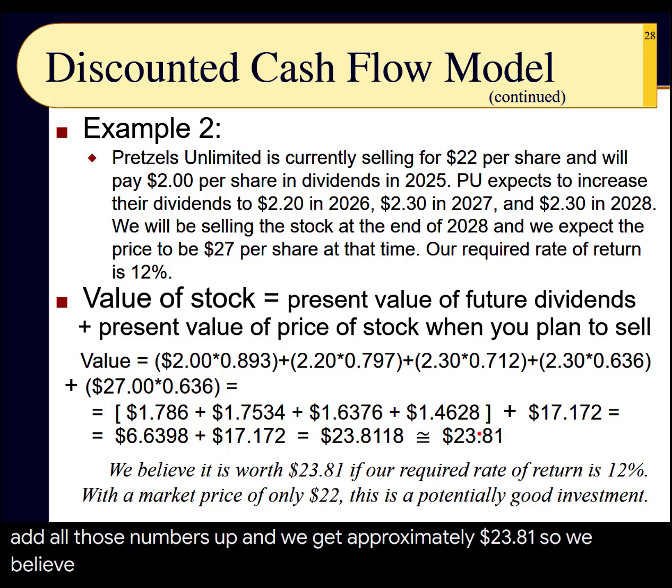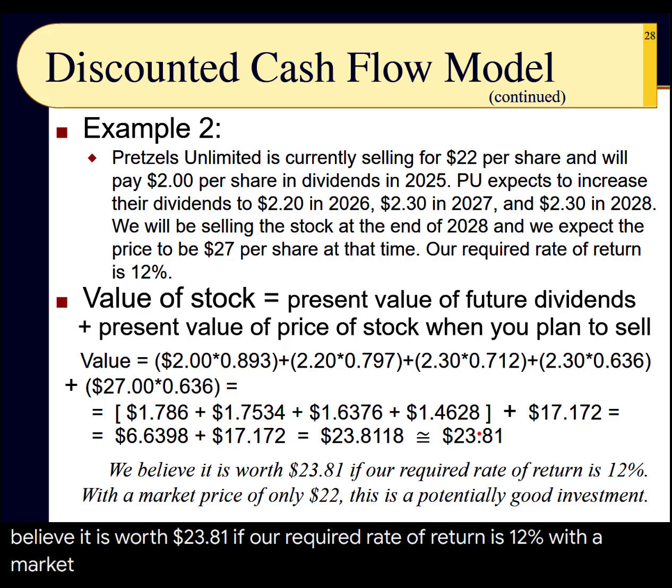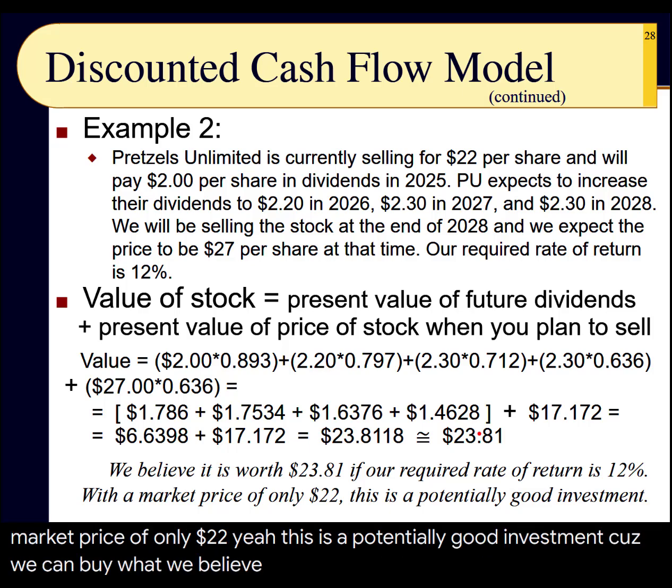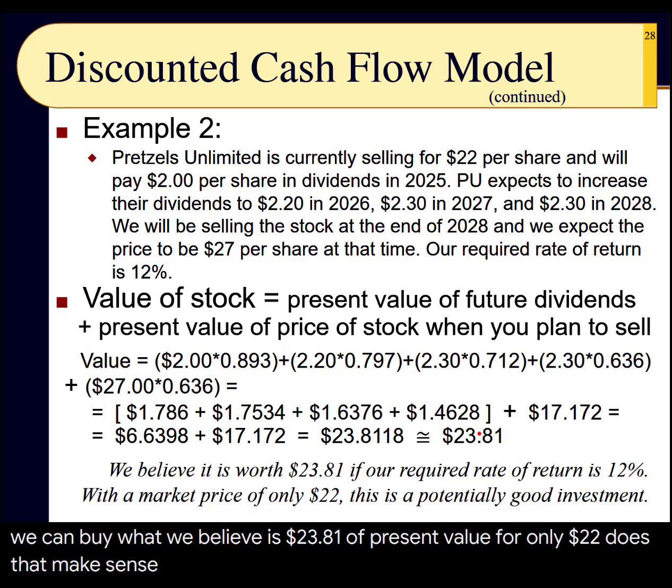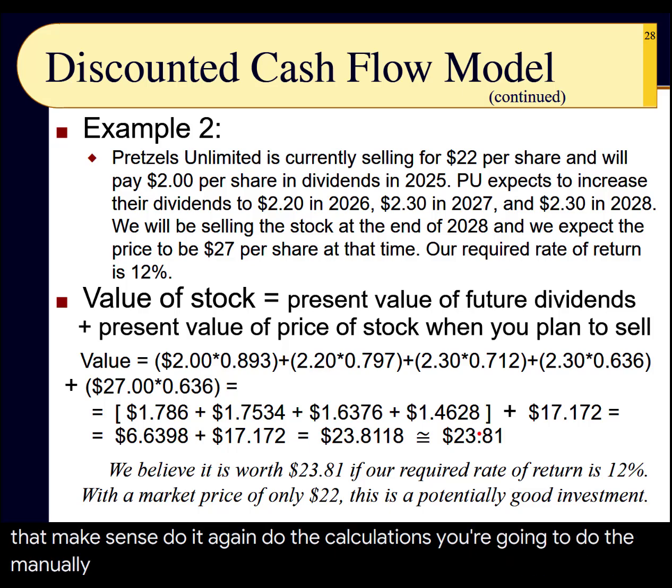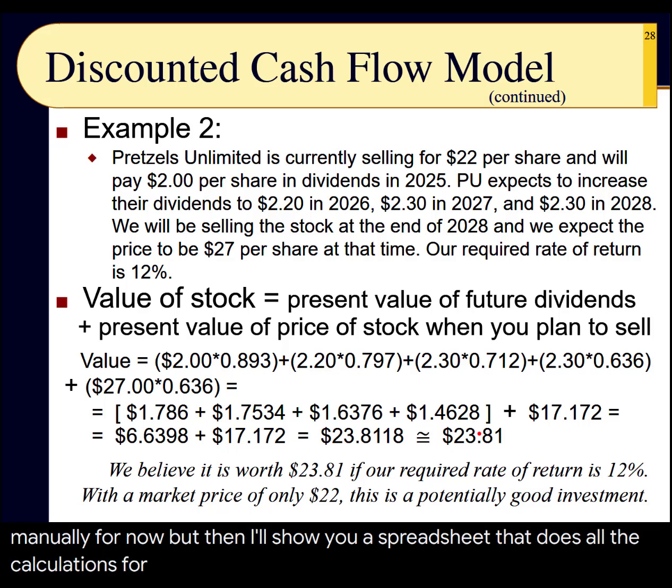So we believe it is worth $23.81 if our required rate of return is 12%. With a market price of only $22, yeah, this is a potentially good investment, because we can buy what we believe is $23.81 of present value for only $22. Does that make sense? Do it again. Do the calculations. You're going to do them manually for now, but then we'll show you a spreadsheet that does all the calculations for you eventually, all right?